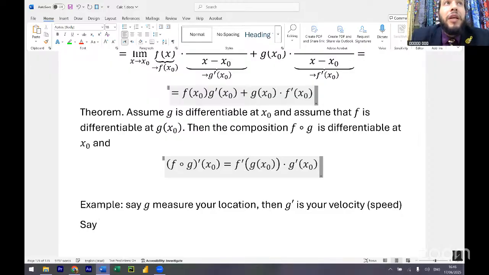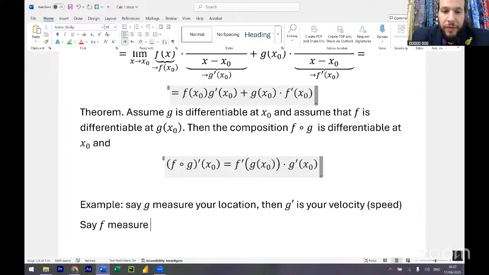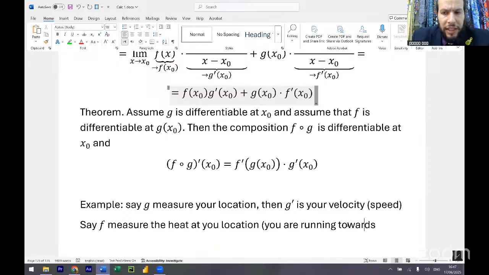Say f measures the heat at your location. You are running towards a fire.